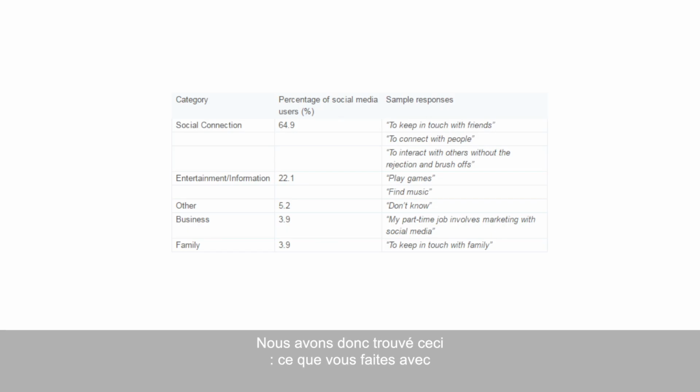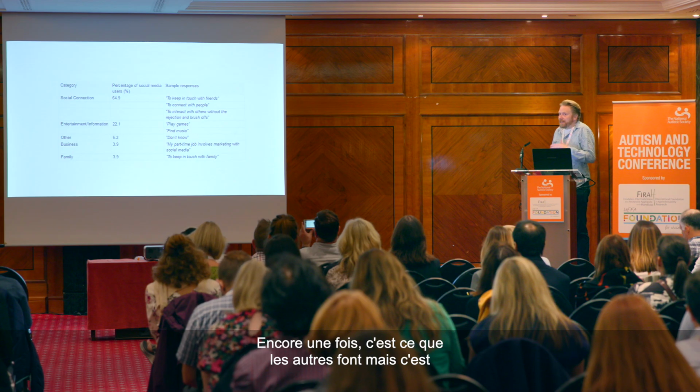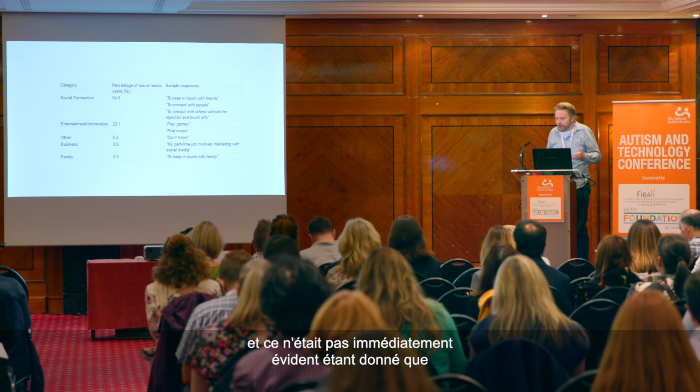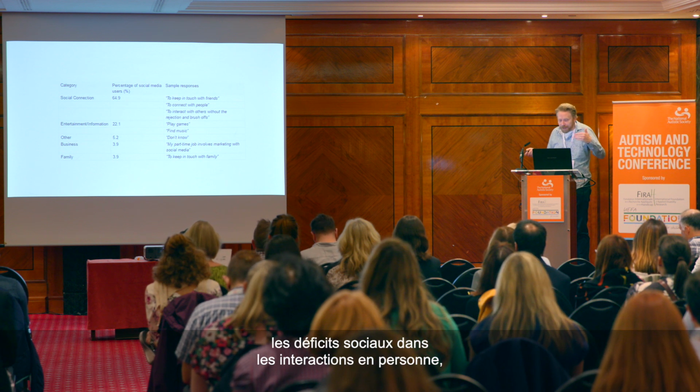So we asked, okay, what are you doing in this social media? And you can see it's social connection, keeping in touch. It's socially mediated activity being used in an online environment. So again, this is what other people are doing, but this is also what autistic people are doing. And it wasn't immediately obvious given the social deficits within the face-to-face environment.